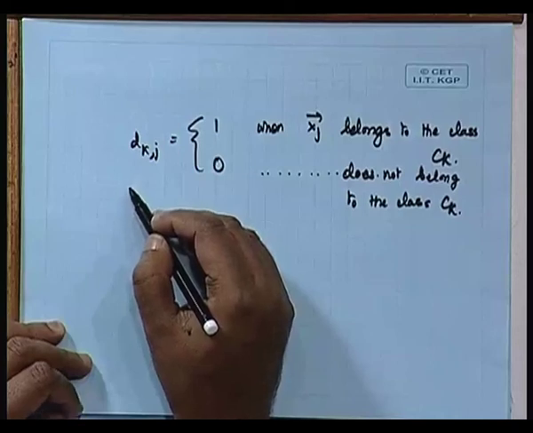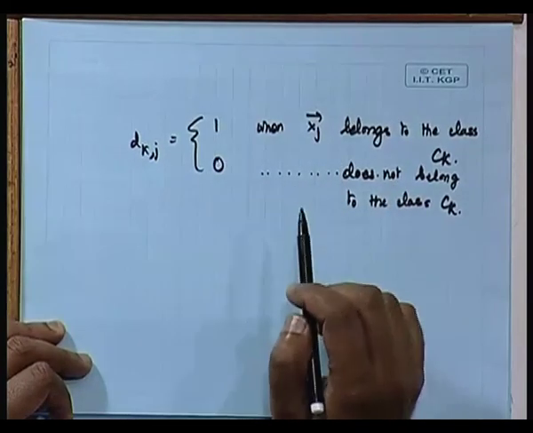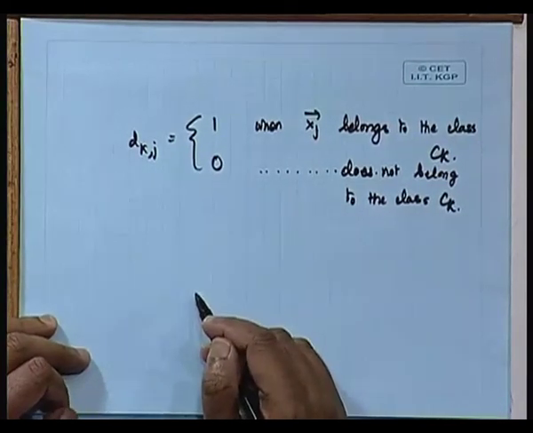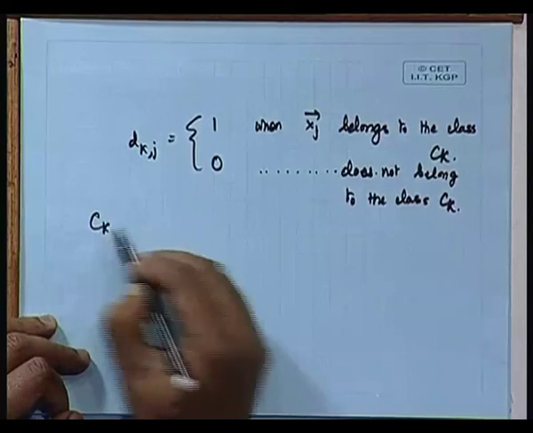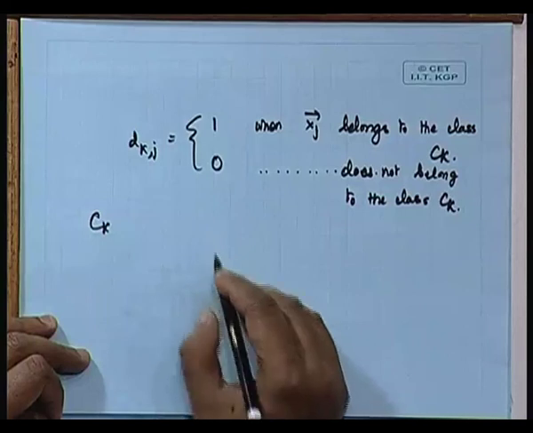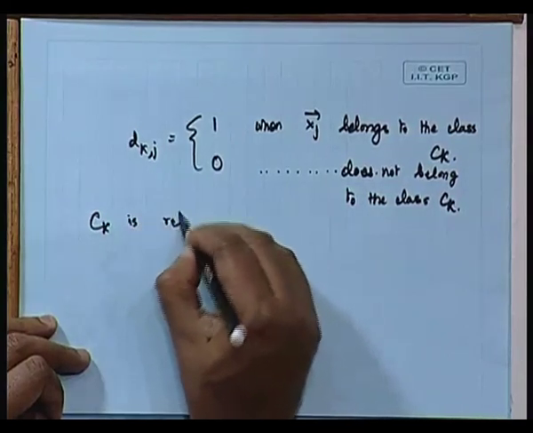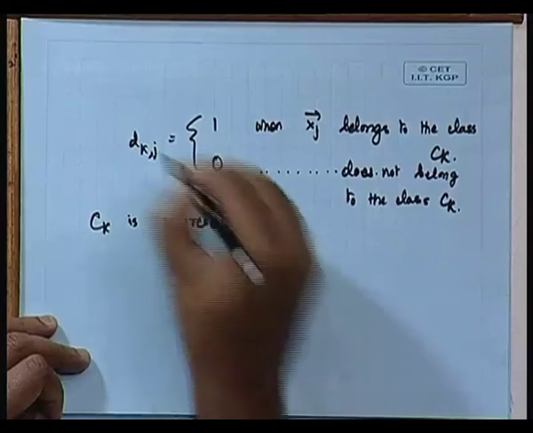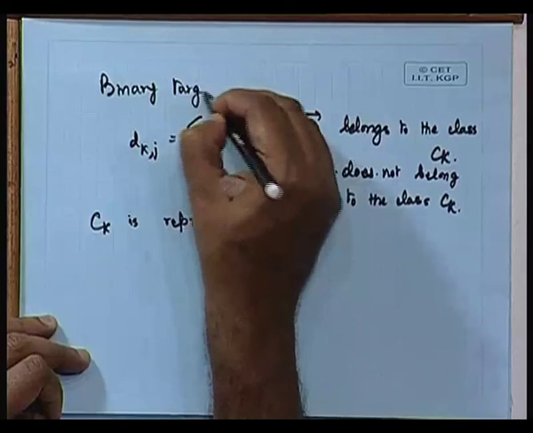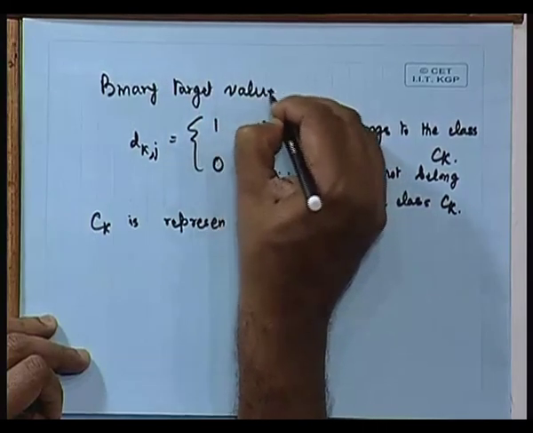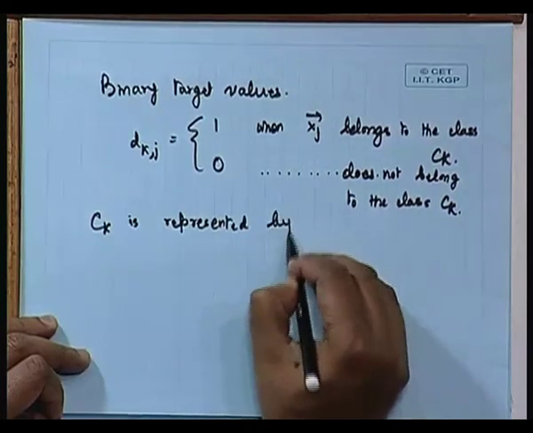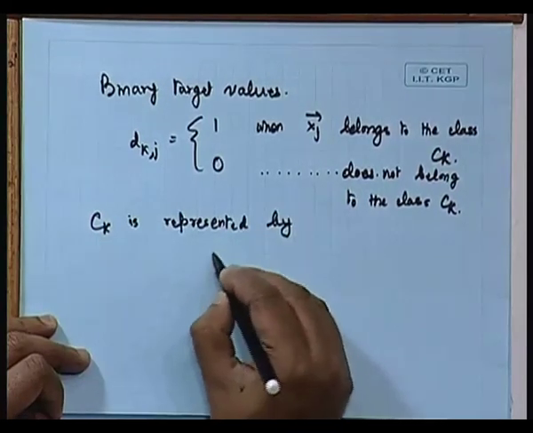So, the kth classifier will have this kind of distinct thing, so that the class output is represented by an m dimensional target vector.